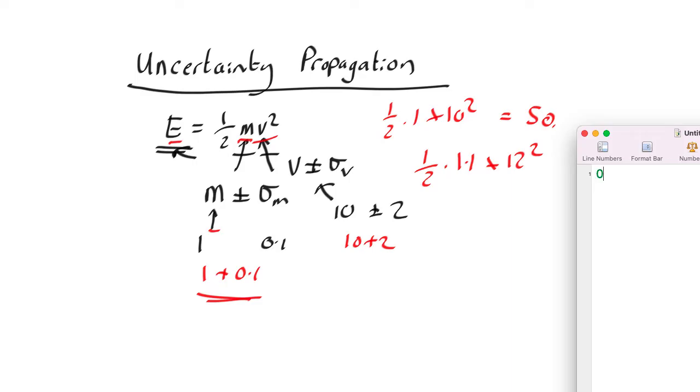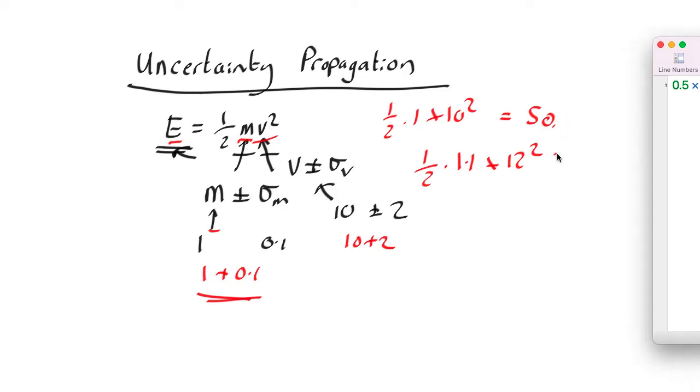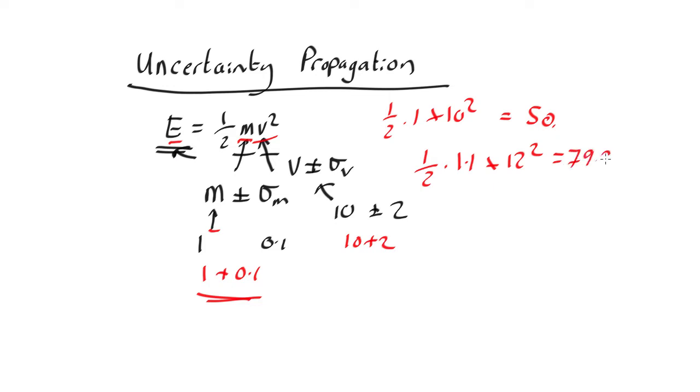So that's a half times 1.1 times 12 squared, which is 79.2. So what you can see is changing the mass by this and the velocity by that has increased the energy by 29.2. So you can estimate that the energy equals 50 plus or minus about 29.